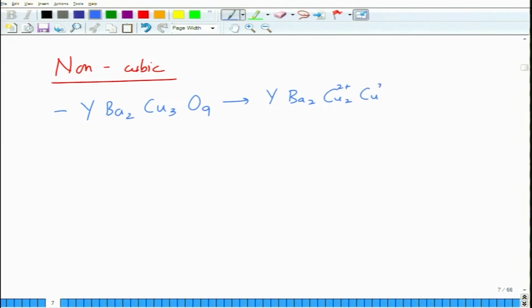This is a superconductor which contains perovskite units. Then you have La1 minus x Srx CuO4, which is again a superconductor. So these are superconductors.